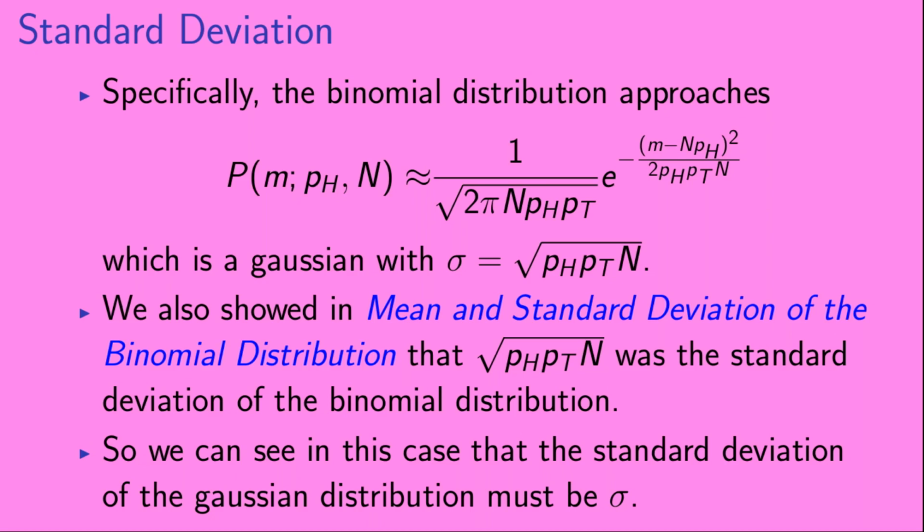We also showed in mean and standard deviation of the binomial distribution that the square root of p_h, p_t, n was the standard deviation of the binomial distribution. So we can see in this case that the standard deviation of the Gaussian distribution must be sigma.